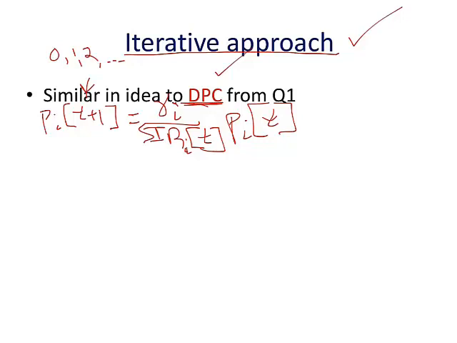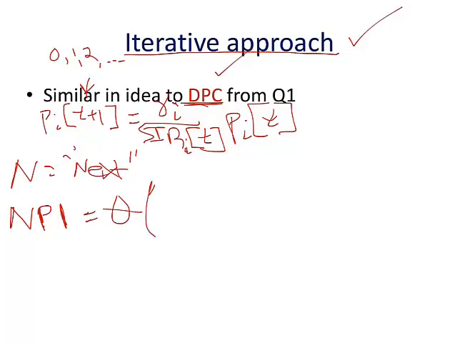And so if we denote n to be next, like for the next iteration, then we can say the next PageRank of node 1, for instance, would be equal to theta times the current PageRank of, and we'll have to write out the equation for node 1.